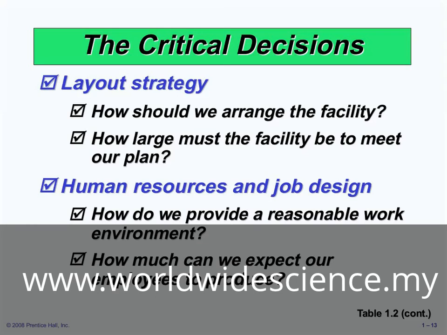Human resource and job design. How do we provide a reasonable work environment? How much can we expect our employees to produce? Human resource and job design is another critical decision. They should employ high-skilled workers, and they should expect these workers with good knowledge to produce more units. When you employ high-skilled workers, they work very well for the company.